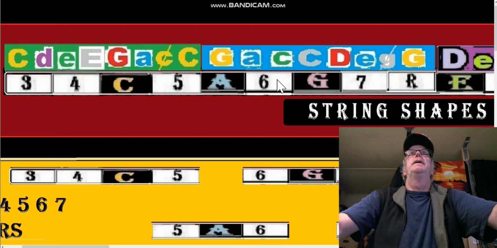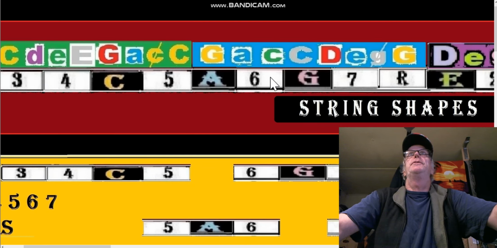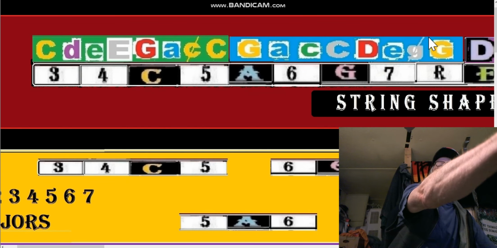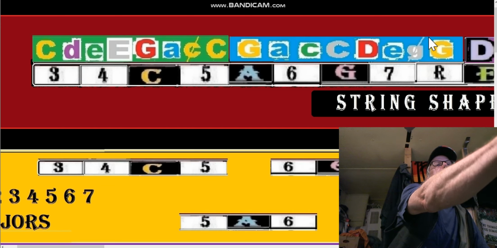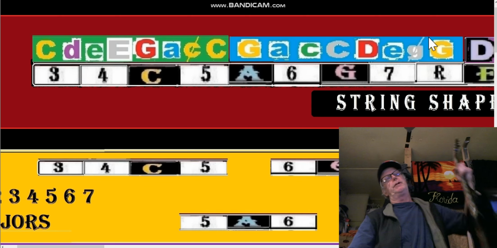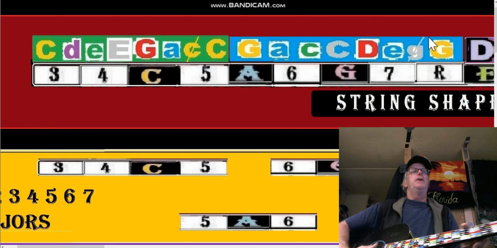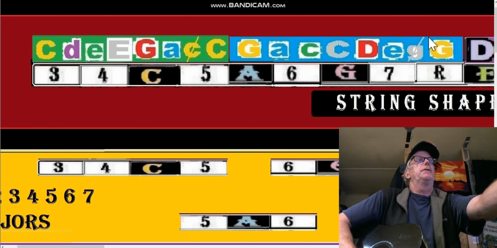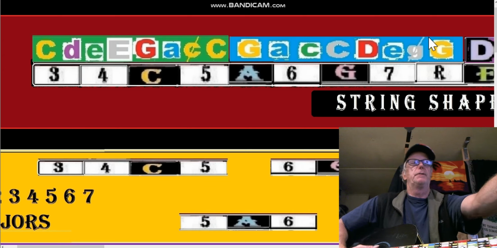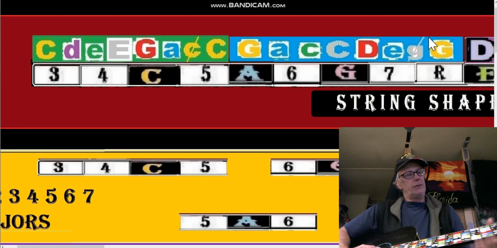In the A string shape, we'd use the 6, and in the G shape, we'd use the 3. It turns out to look like a second inversion relative minor. So the root 3 6 is actually the first inversion relative minor of the root. Here's the root. Here's its first inversion relative minor, or a sixth chord. So that's what we have.